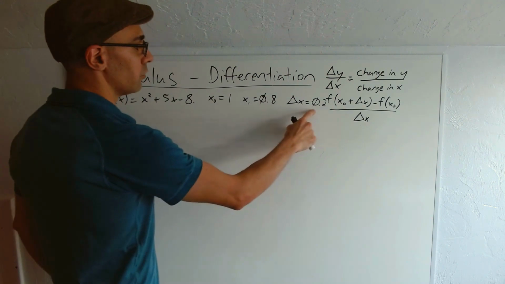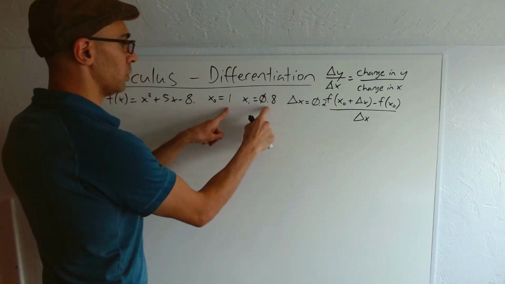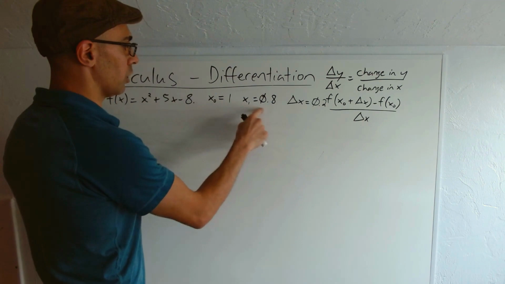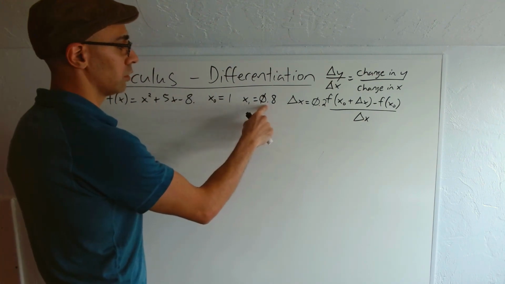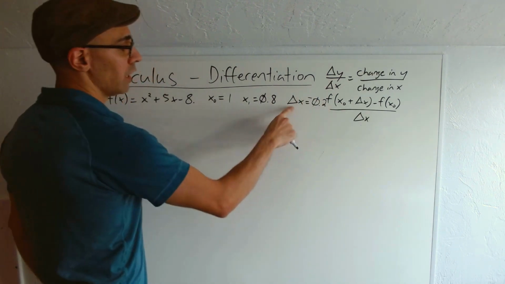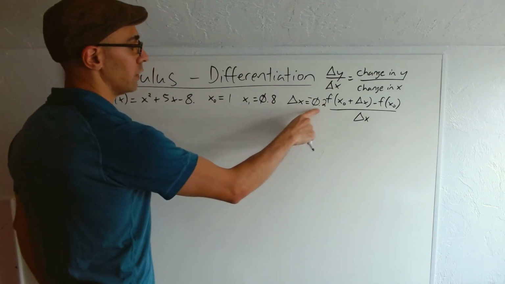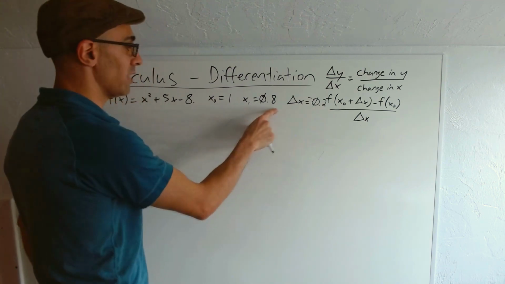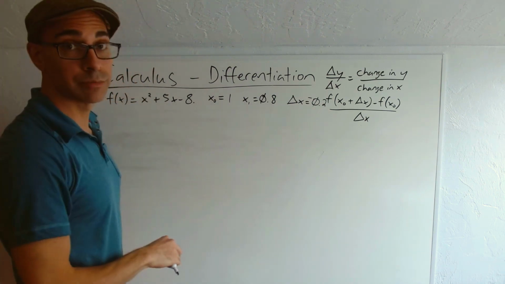So meaning, what is delta x? Well, delta x is the difference between these two, and it's going down by 0.2. So now instead of a positive 0.2, the change in x is a negative 0.2. X is going down now instead of going up.